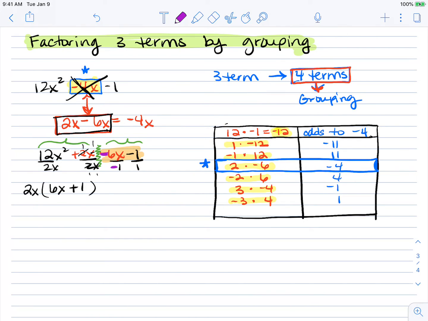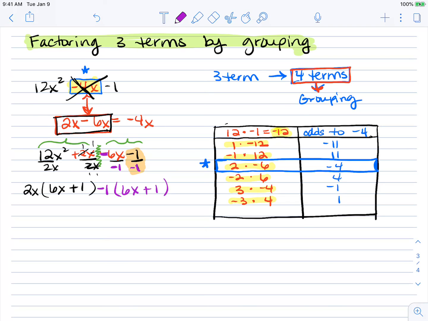So I'm really dividing out a negative 1. I'm going to write that down. I'm dividing out a negative 1. Then I'm going to do the math on this guy right here and say a negative divided by a negative is a positive 6x. And then negative 1 divided by negative 1 is positive 1. Okay.